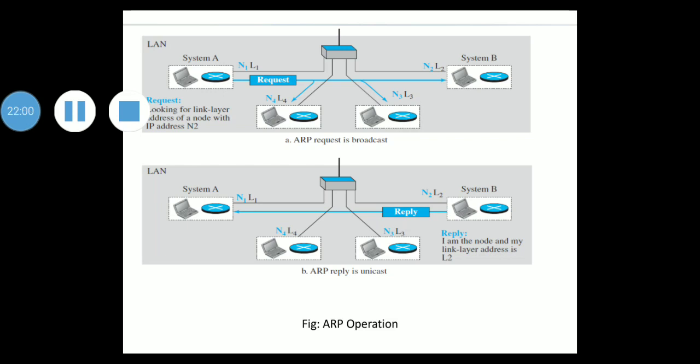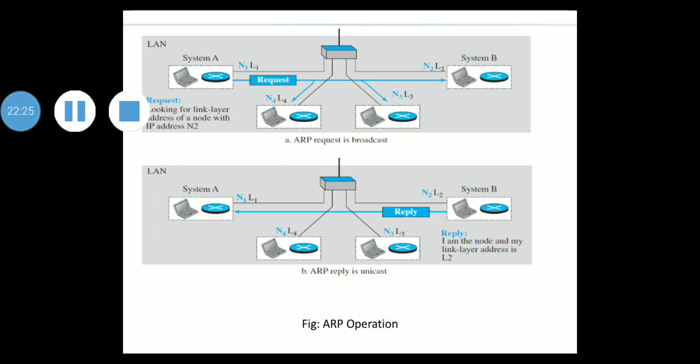Every host or router on the network receives and processes the ARP request packet. But only the intended recipient recognizes its IP address and sends back an ARP response packet.